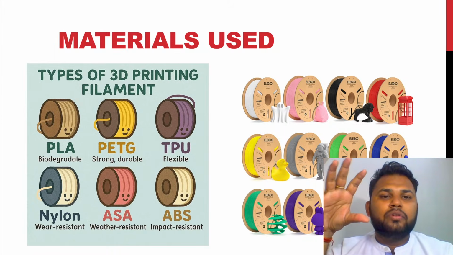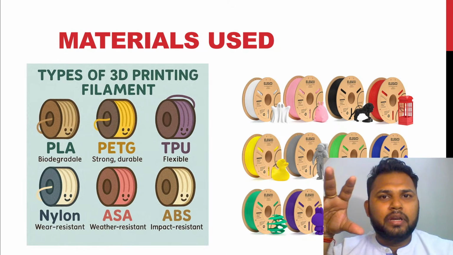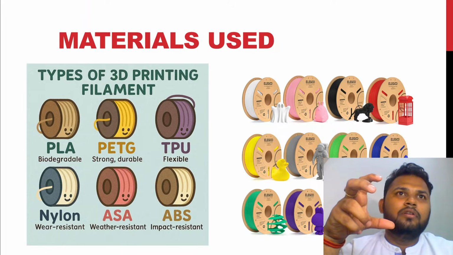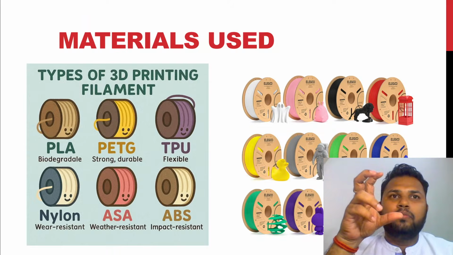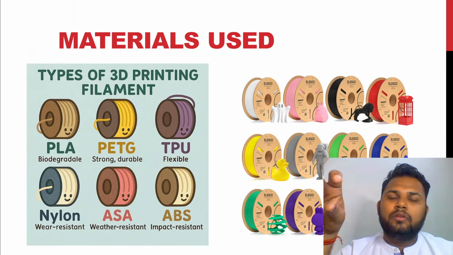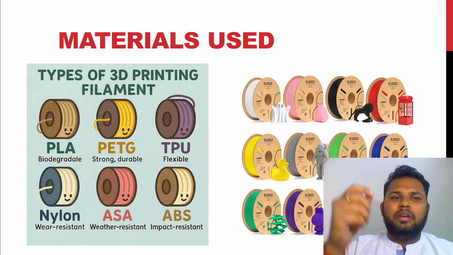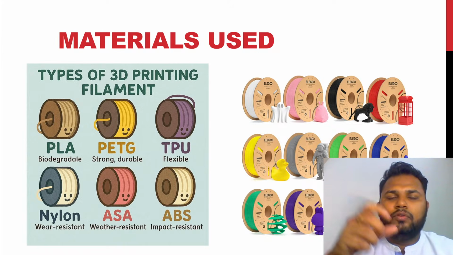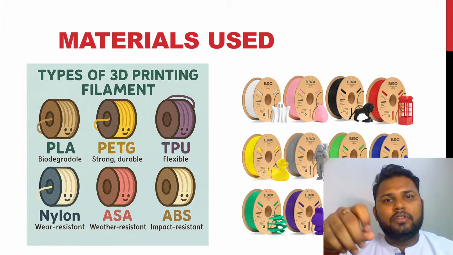So according to temperature, PLA is not that much stronger a material. If you put it inside the car, in the hot car, like you printed some toy or some statue and placed it over your car dashboard, it will get deformed very easily. It gets deformed very easily if you put it in warm water and mold it with your hand.